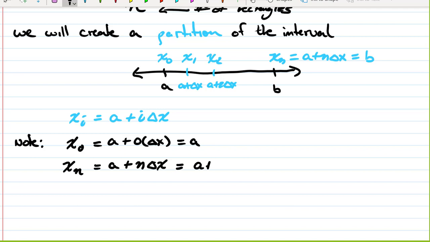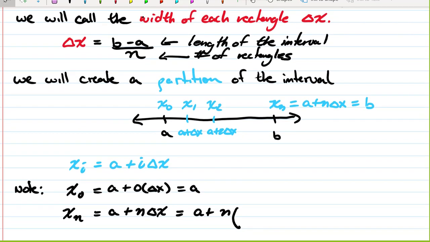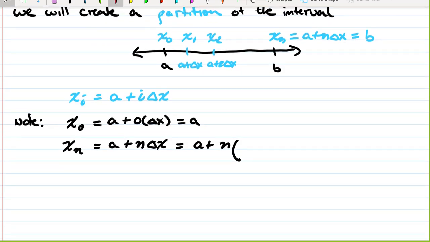But delta x, by definition, is b minus a over n. So then the n's reduce out, and we're left with a plus b minus a, and the a's add up to 0, and we get b as advertised.